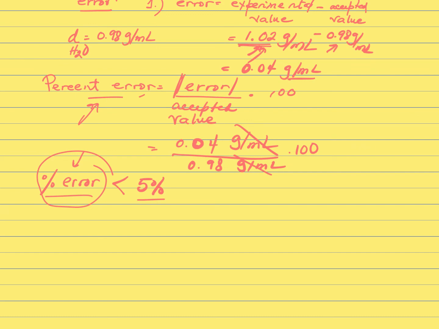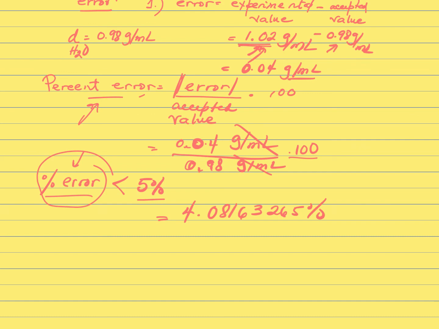Okay? So if I put all these numbers inside my computer, if I divide 0.04 by 0.98 and multiply that by 100, I'm going to get this number, 4.08163265%. Ms. Ramos, do we have to round to the nearest hundredth?